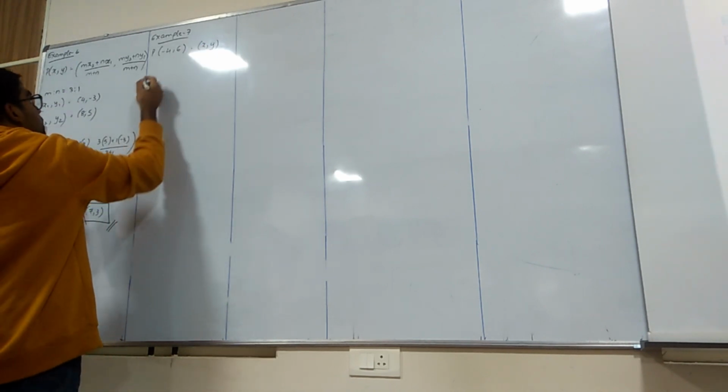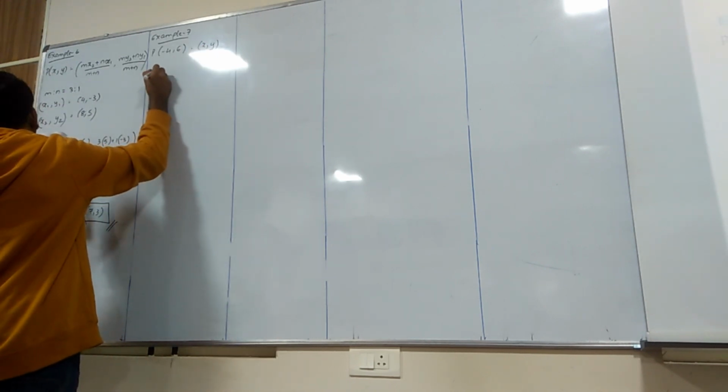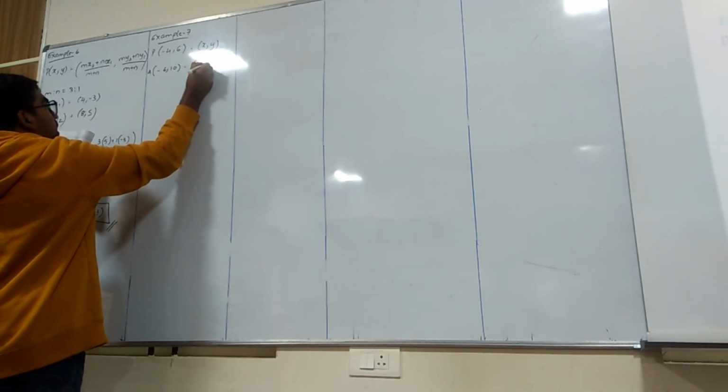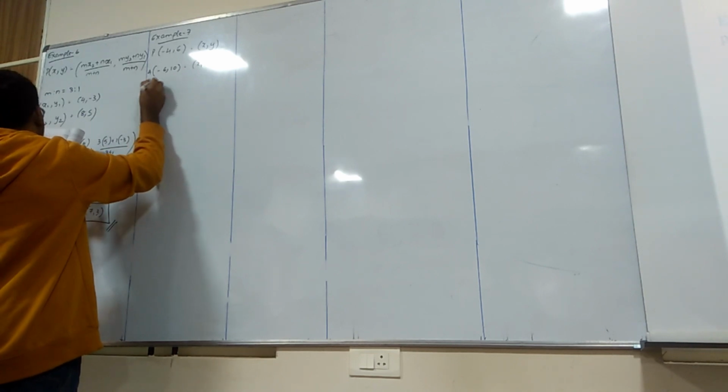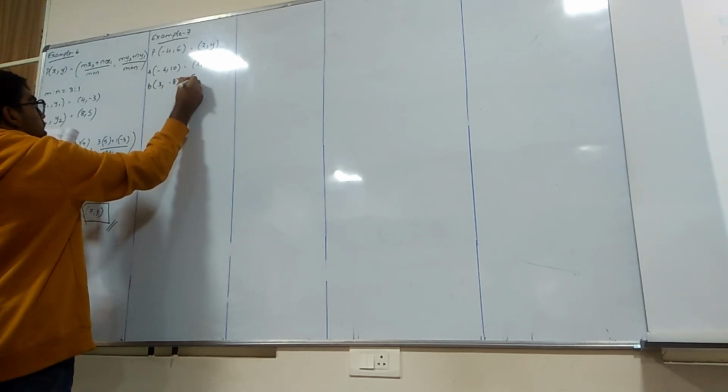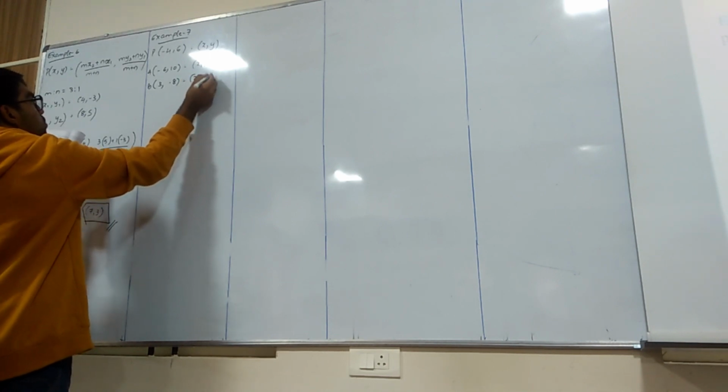They have given me point A, which is (minus 6, 10), which is my x1, y1. They have given me point B, which is (3, minus 8), which is my x2, y2.